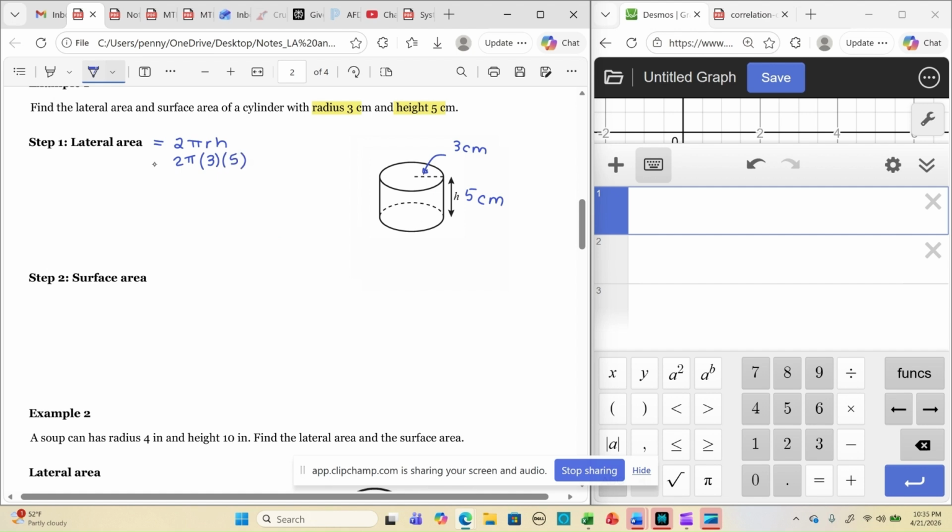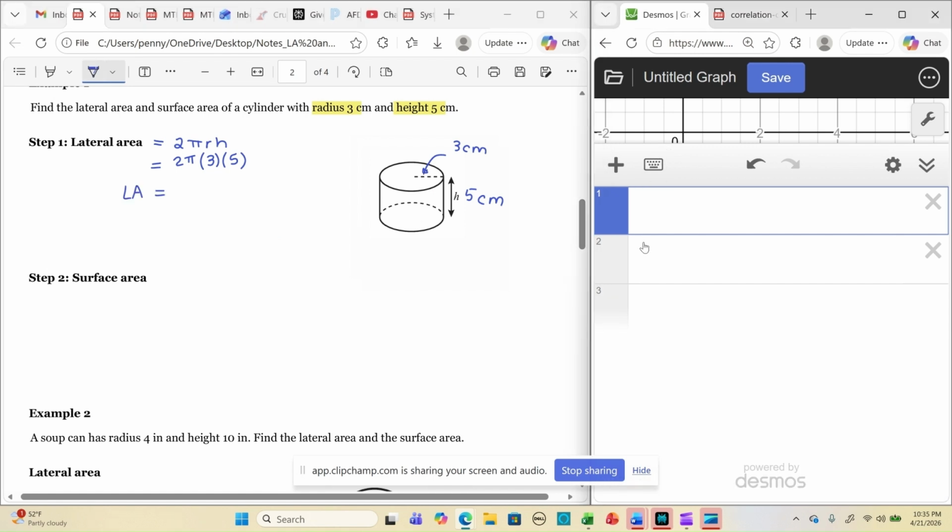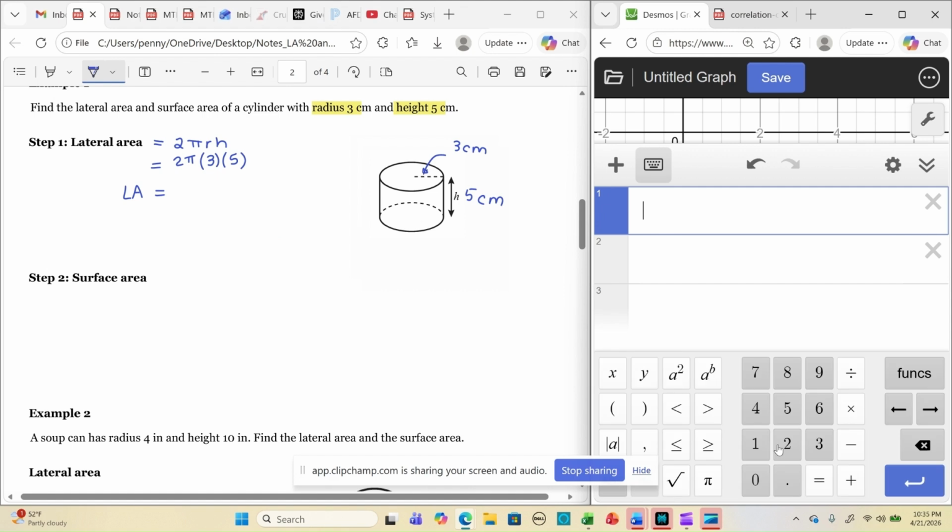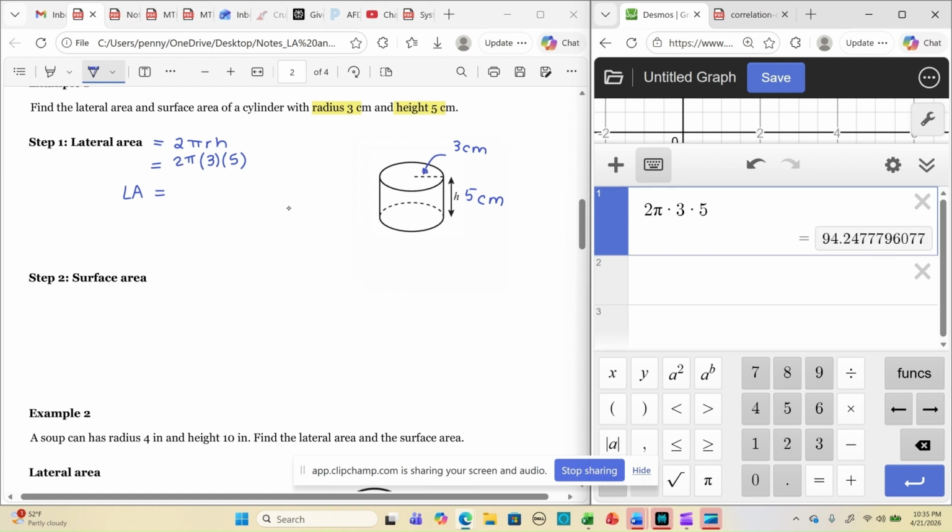And we're going to be using our Desmos calculator. You see I have it pulled up over here to the side. And so I'm going to type in 2 pi times 3 times 5. And for all of our problems, we are going to round when we have decimals. We're going to keep it simple, and we're going to round to the tenths place.